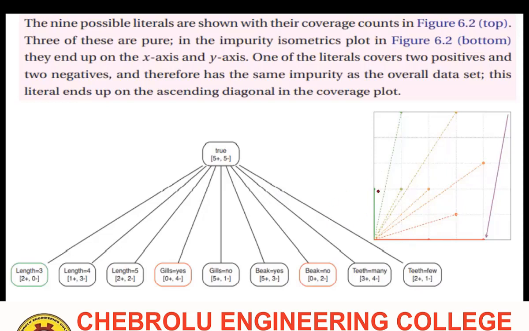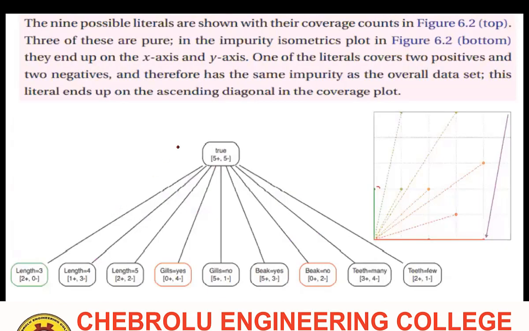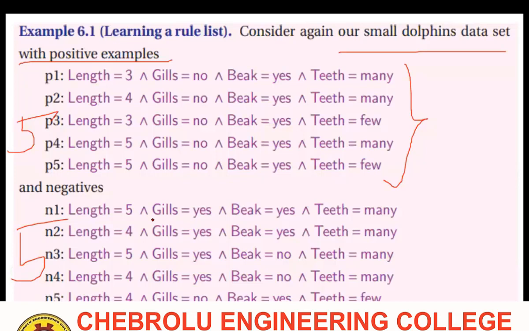See, this is how it is shown. If you see here, true, there are 10, 5 here and 5 here. So 5 positives and 5 negatives. And if you see length equal to 3, the number of negatives is 0 and positives are 2.